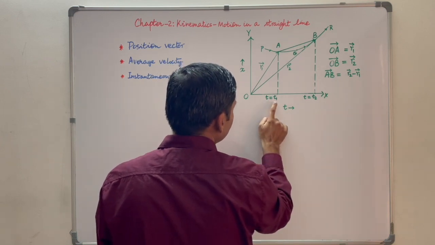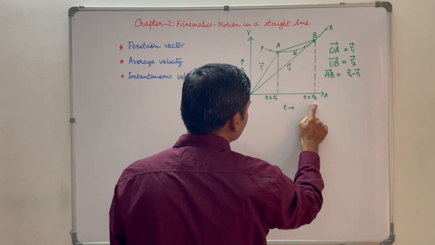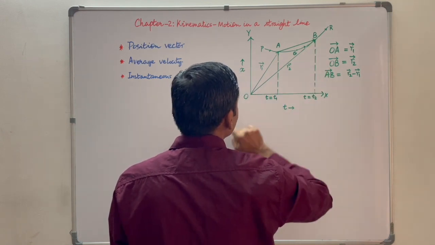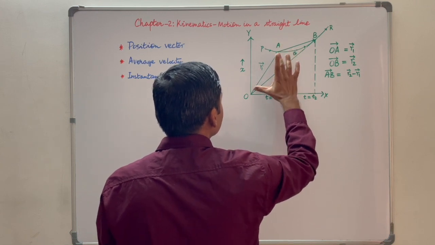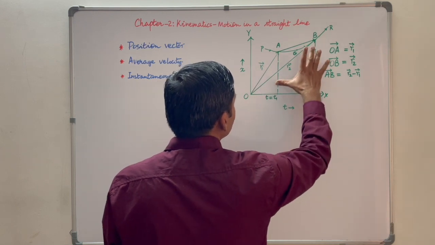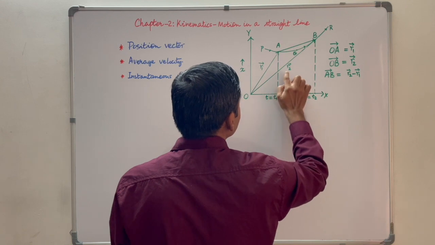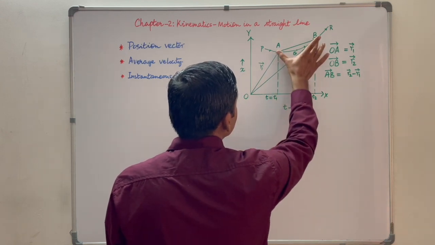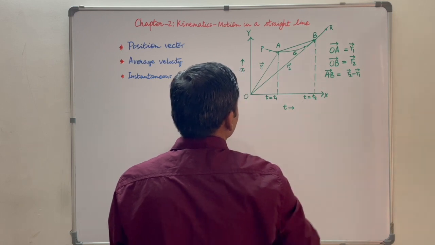At t is equal to t1, particle was at point A, and at t is equal to t2, particle was at point B. Then the position vector when the particle was at A is given by OA. Let's say it is R1. And the position vector when the particle was at B is given by OB. Let's say it is R2. Then the displacement vector AB is equal to vector R2 minus vector R1.